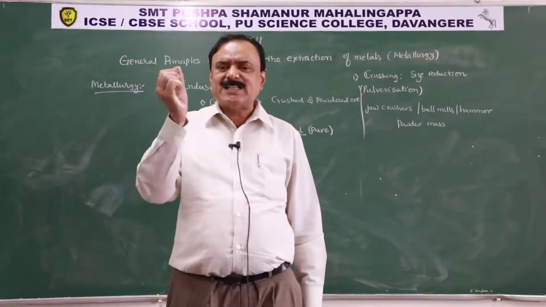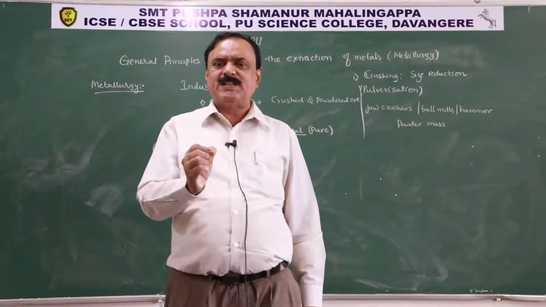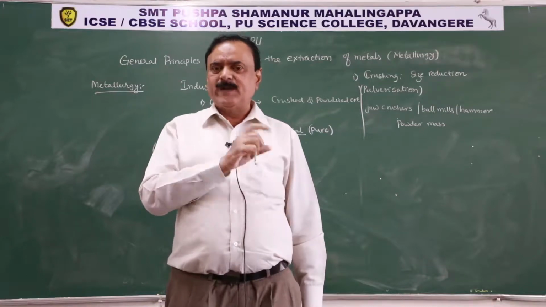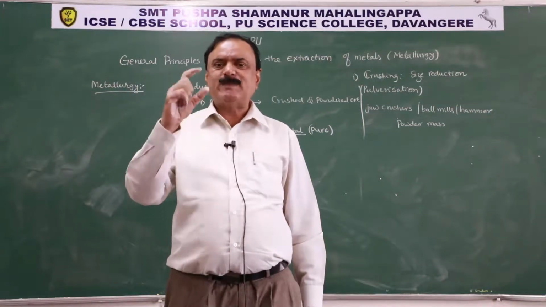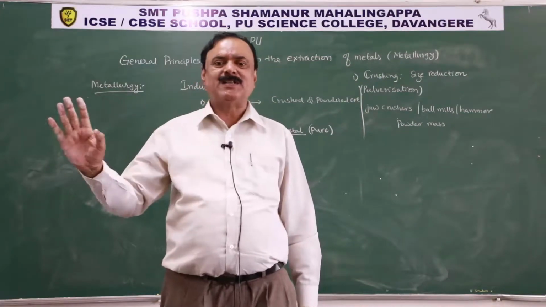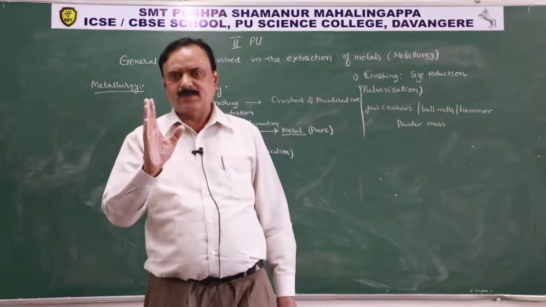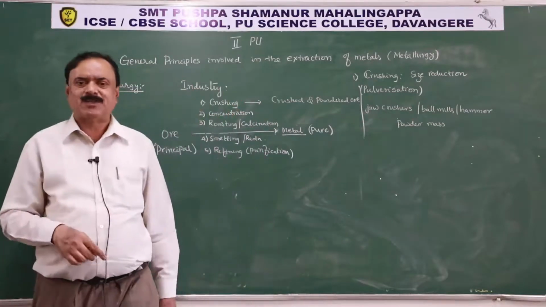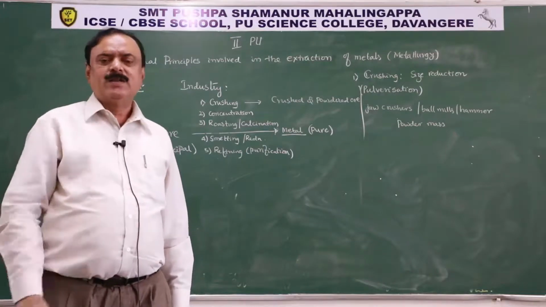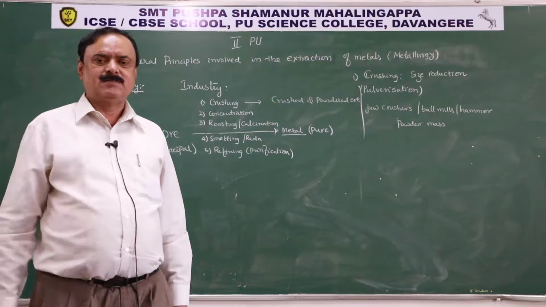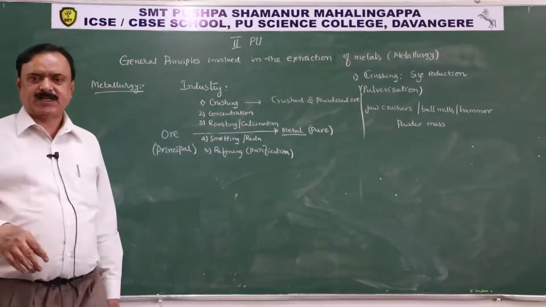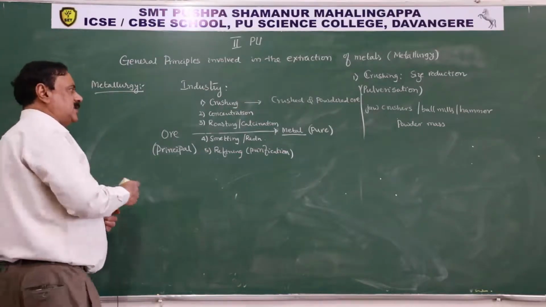If there is a difference in density or specific gravity between the wanted metallic compound and the unwanted impurities, then we use the gravity separation method for the removal of the impurities. Gravity separation, as its name indicates, relies on the difference in specific gravity. Lighter components of the earth are removed by this gravity separation technique.